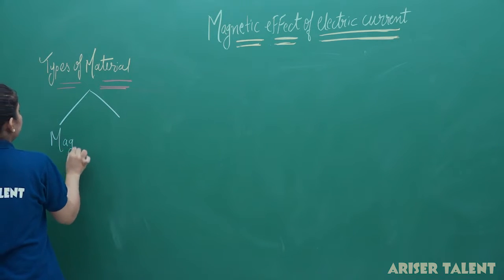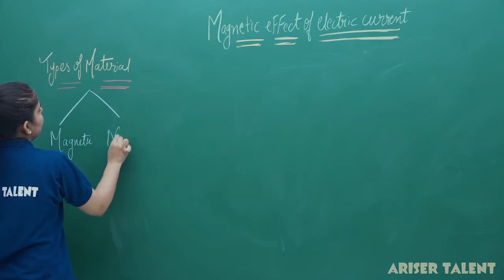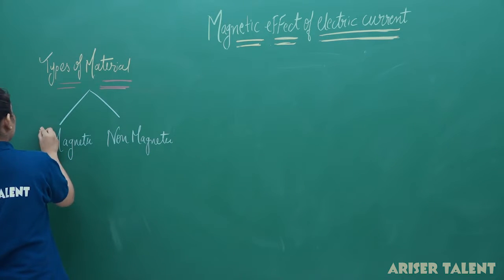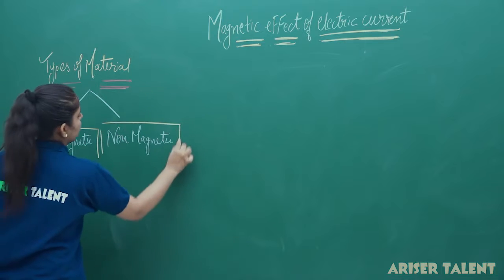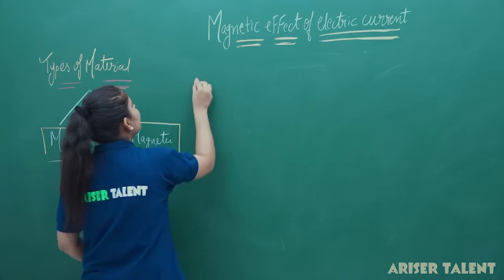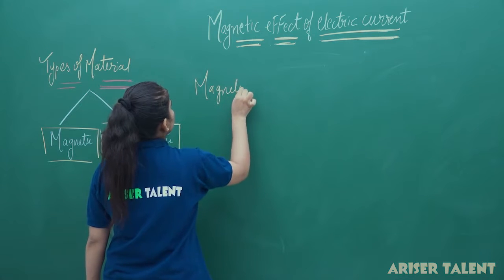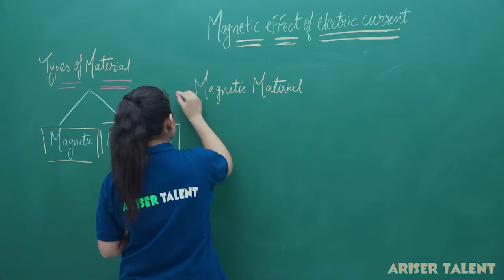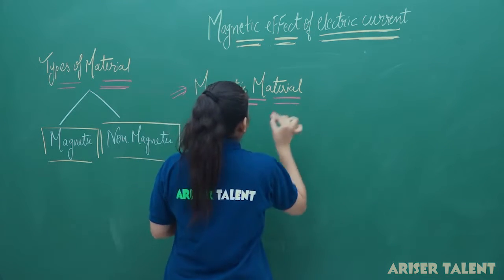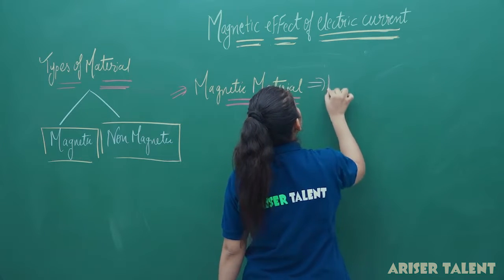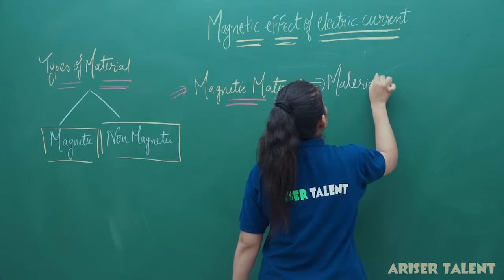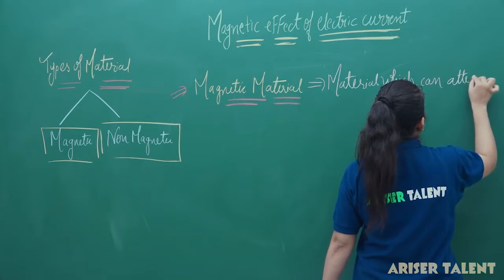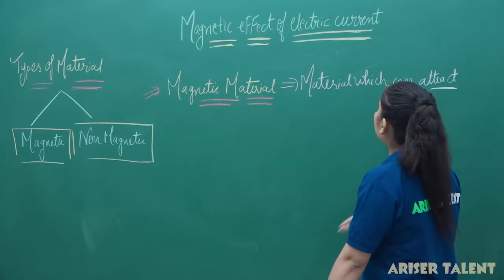One is magnetic and the other one is non-magnetic. So the magnetic materials are those which can attract a piece of iron, which have the property of attraction.